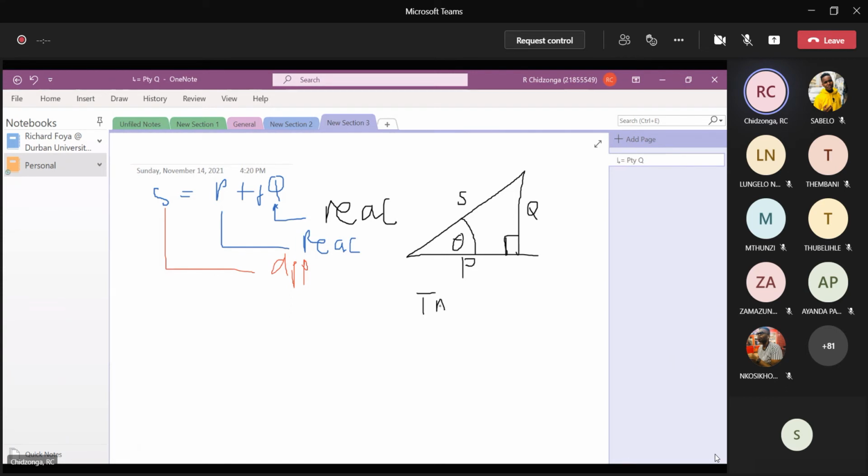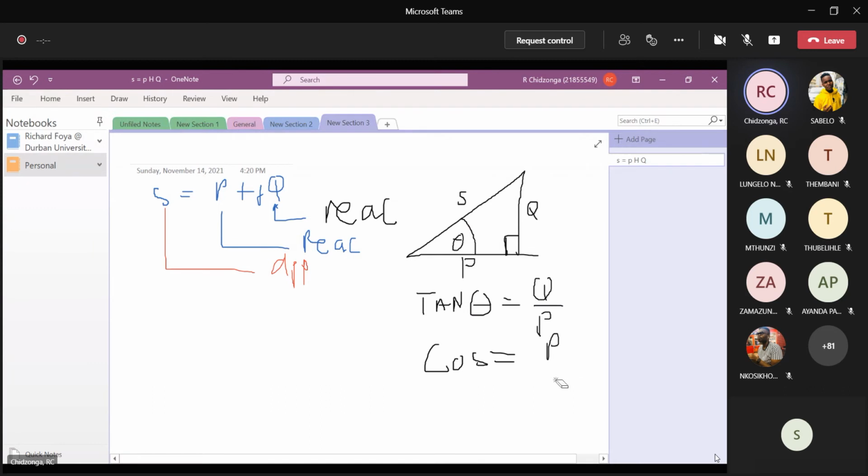It's tan theta equals Q over P, or cos theta equals P over S. These are trigonometric ratios that we know from maths.